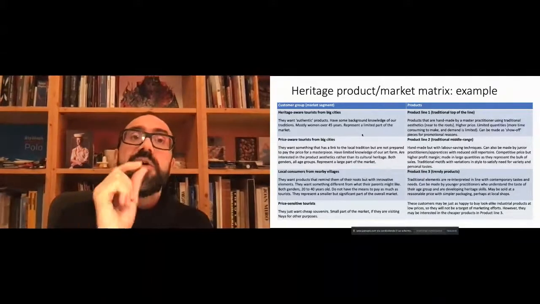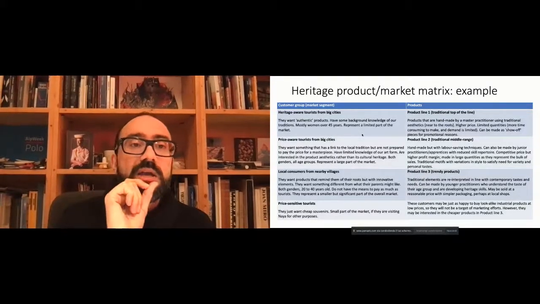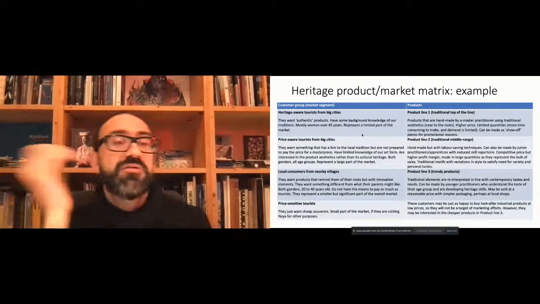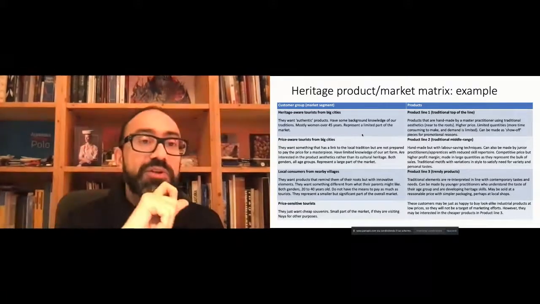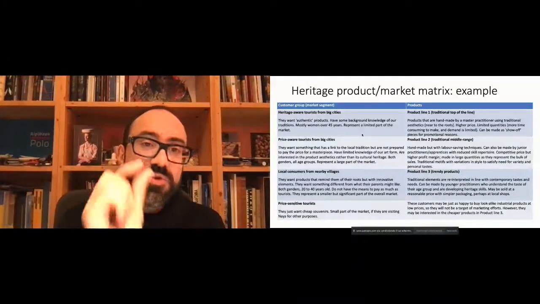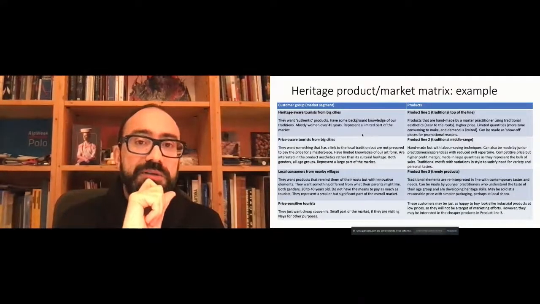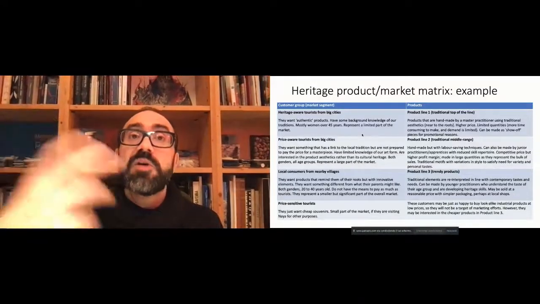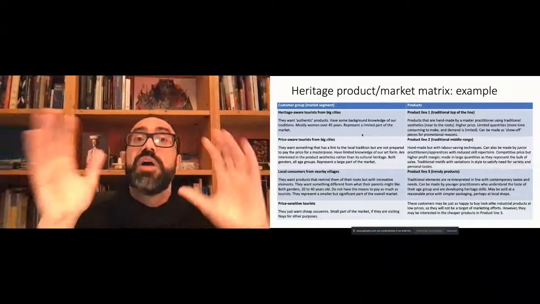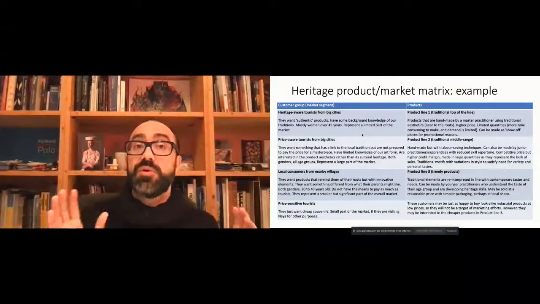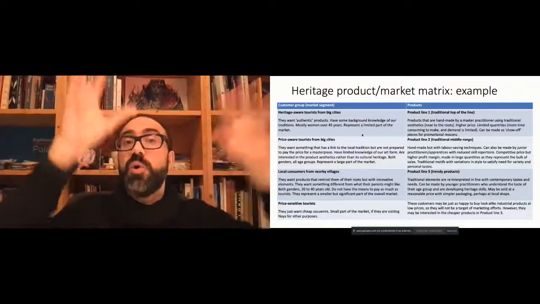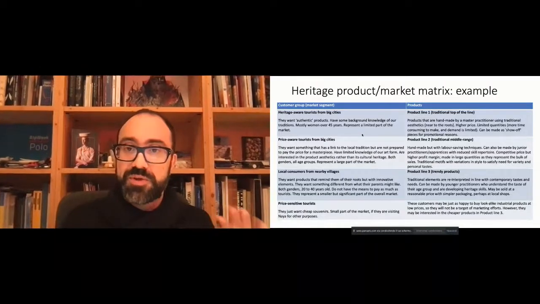So these people might be mostly women and over 45 years. They represent a limited part of the market, but maybe they are willing to pay the full price for very artisanal products, incorporating all those traditional skills we saw before.